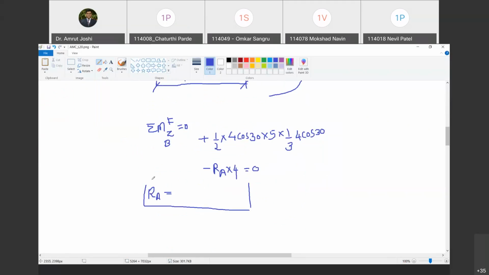Just a second. Ensure that your calculator is in degree mode. It is going to be half into 4 cos 30 into 5 into 1/3 of 4 cos 30, this entire thing divided by 4. Yes, sir.